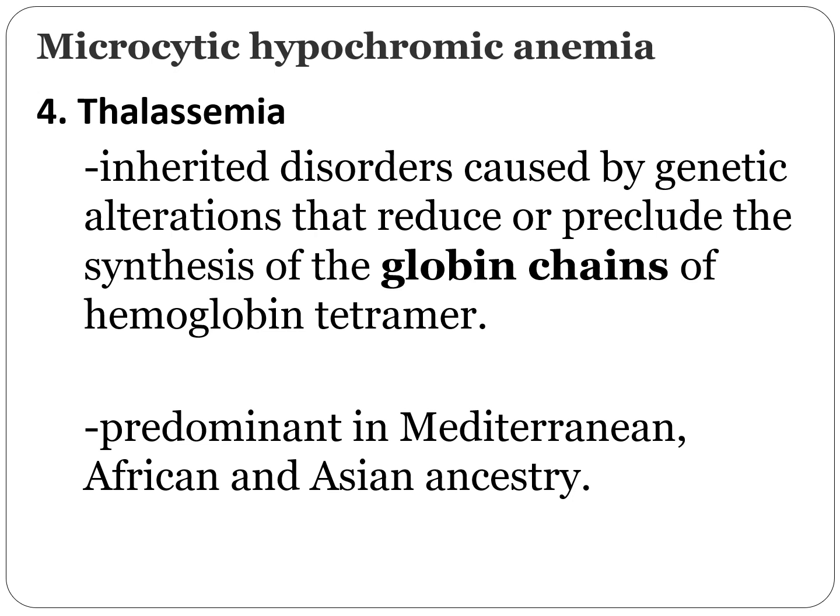So again, this was first described by Cooley and Lee in 1925. So ang main problem is the reduction or sometimes wala na talagang alpha or either beta. Okay, ang red blood cells natin, nagwi-weaken po siya. There will be weakening and the destruction of red blood cells.